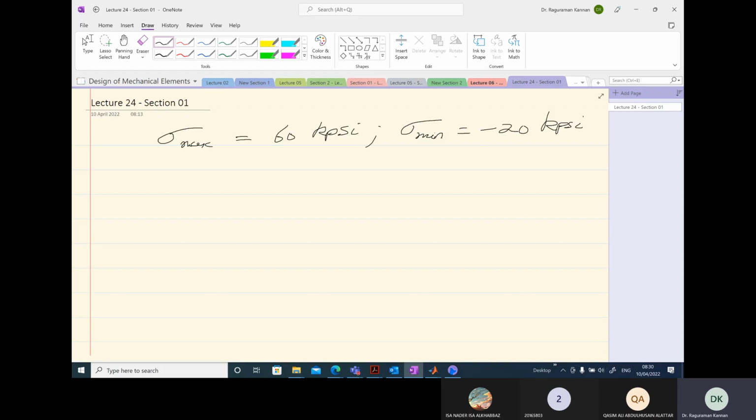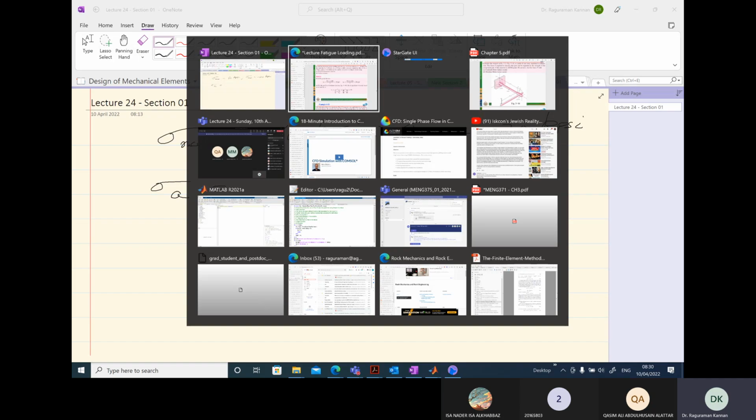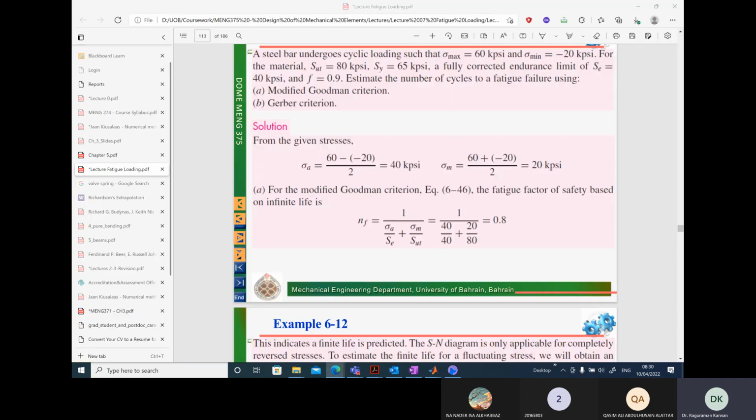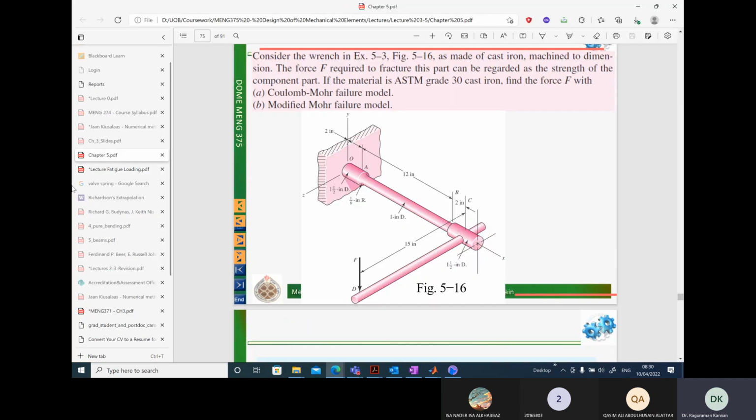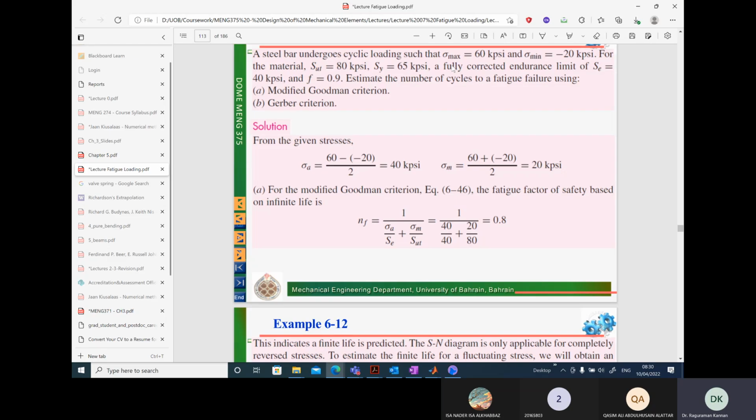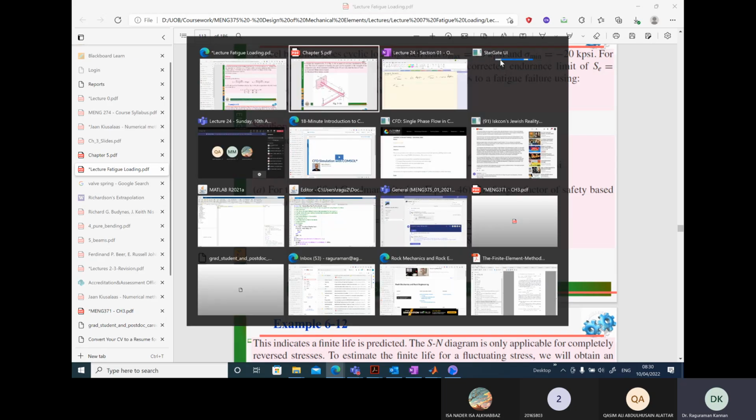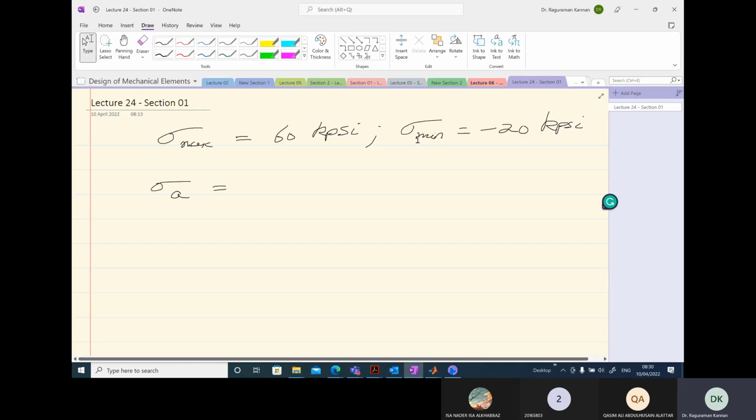Okay, so here, how do I start? First, I need to calculate the amplitude of stress. We do not have any stress concentration factors in this problem. We are not given any geometry. We are directly given the absolute maximum values, so we can go ahead and calculate the amplitude.